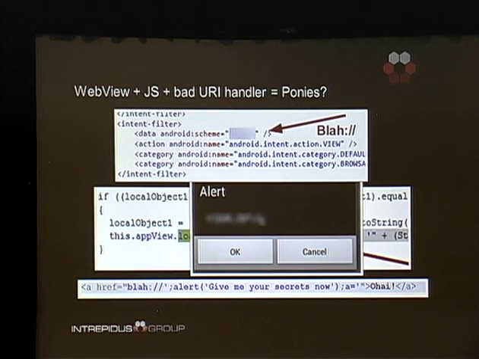This is the code that's being run within the app. So stuff goes from the web into the application. The application parses the URI, puts it into the web view, it runs, and then calls stuff back on the application through the JavaScript interface.